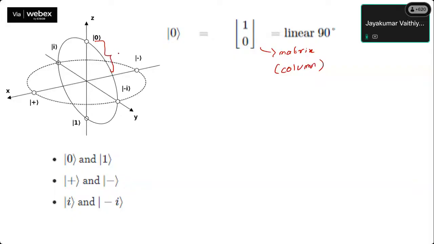The north pole, or northern hemisphere, is the upper component. And the southern hemisphere is the lower component.